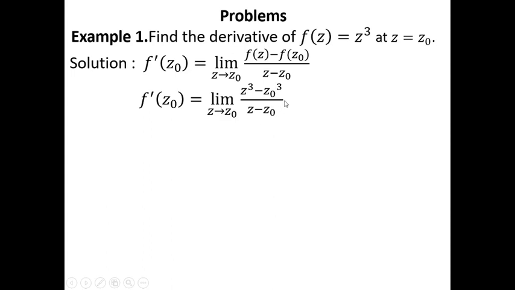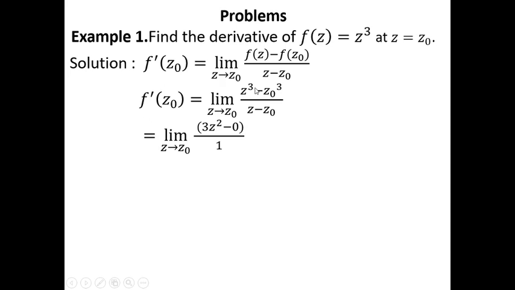Therefore, we use the L'Hospital rule. Otherwise, we can also use the a cube minus b cube formula. L'Hospital rule means we differentiate numerator and denominator separately with respect to the variable z.